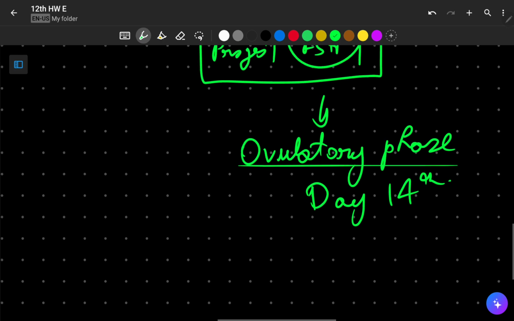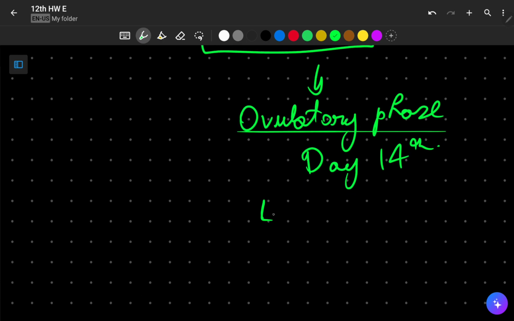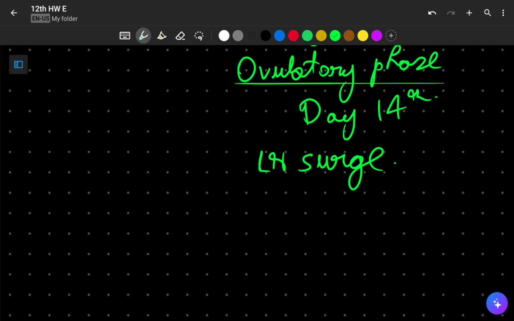This is the stage where the LH attains a peak, and hence it is called the LH surge. Progesterone is not really that high. Why? Because of course the corpus luteum, which secretes progesterone, is not formed, and our estrogen is high because LH and estrogen are kind of correlated, and FSH and progesterone have some kind of correlation. So LH is high, estrogen is high. If I show you from the diagram, if LH is like this, then progesterone is like this.